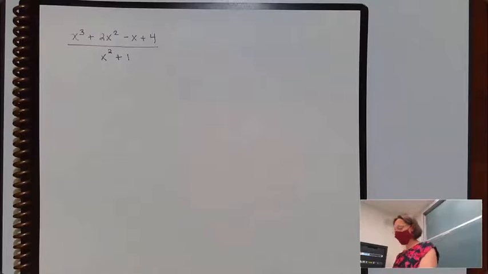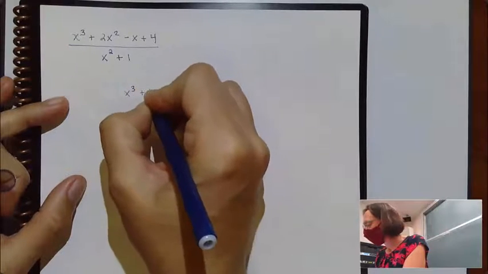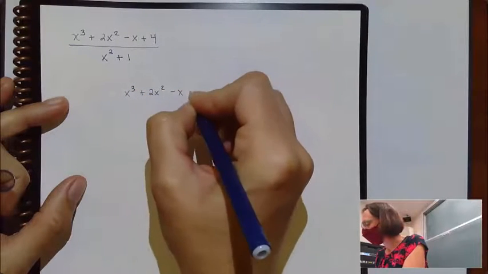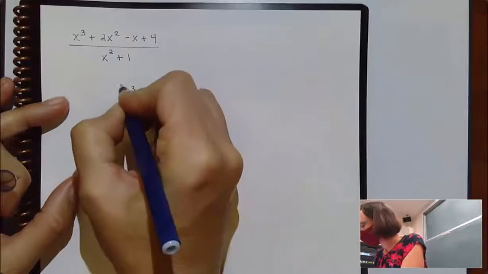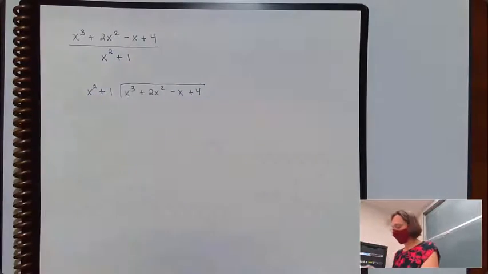Well, if I write this, that means that my entire numerator goes inside. So I've got x cubed plus 2x squared minus x plus 4. And outside, I would have x squared plus 1.